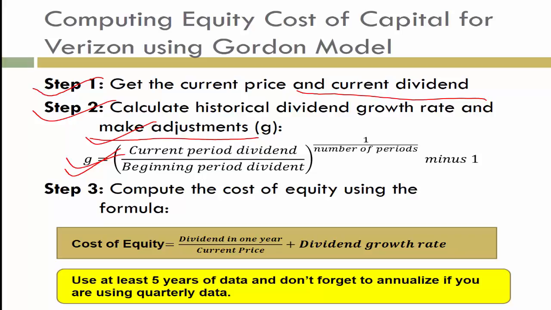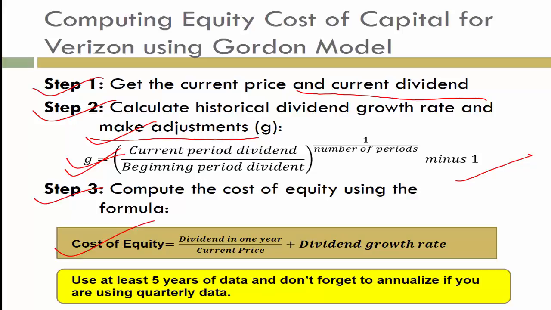But that makes it a little more complex, so we are going to assume that history will repeat in the future, which is odd, but we're going to make that assumption. That's why for us, the future growth rate of dividend will be exactly the same as the past rate of dividend growth. And in step 3, once you have all these variables calculated, you can use the equation that we have.